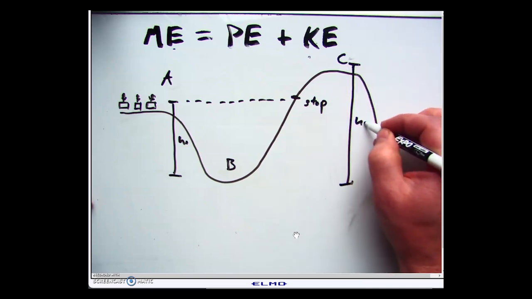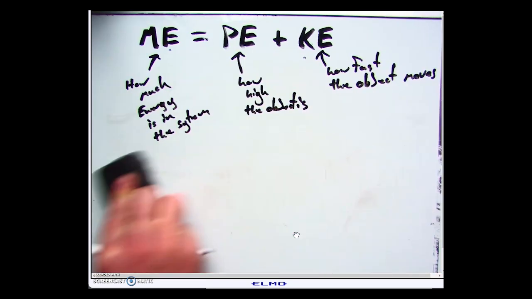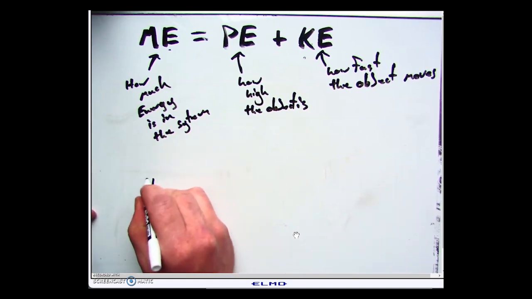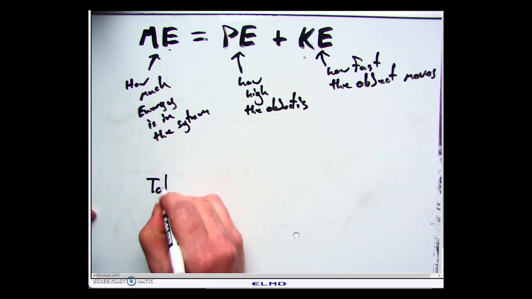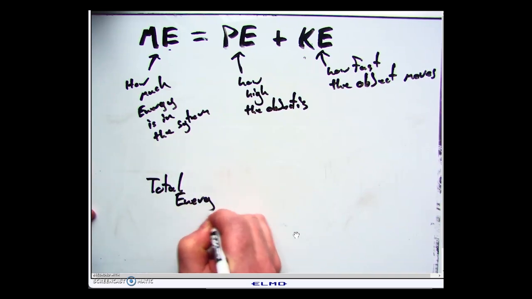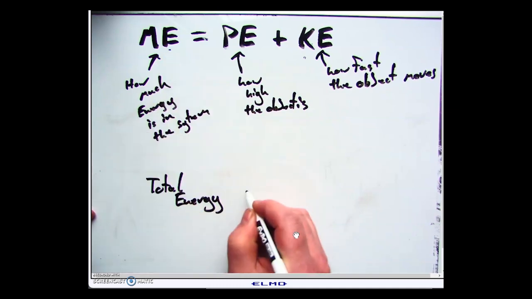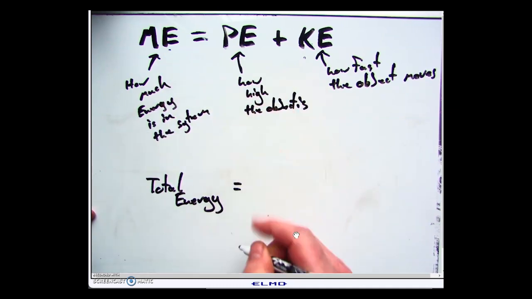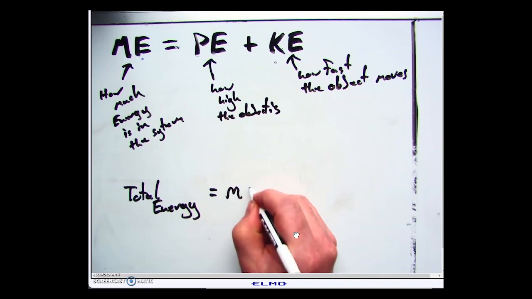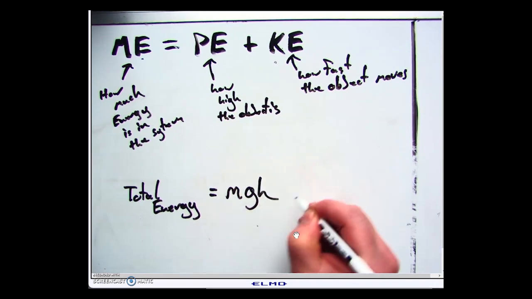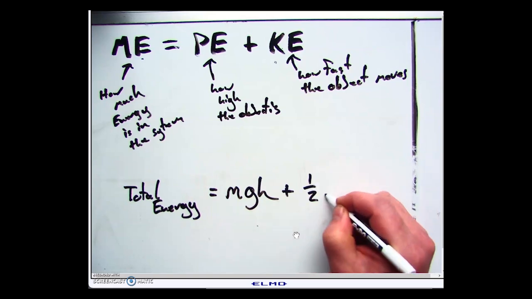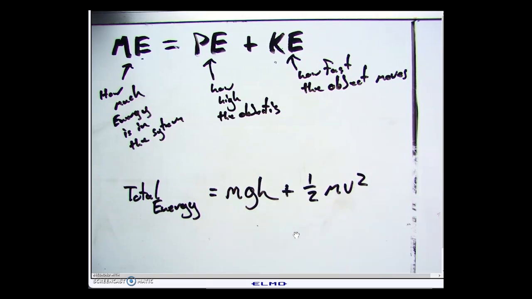is higher. H2. Okay, so what does this equation look like? Well, we've seen it before, and that's basically the total energy, okay, which is the mechanical energy, is equal to the potential energy, which means that is mgh plus the kinetic energy, which is 1/2 mv squared, okay?